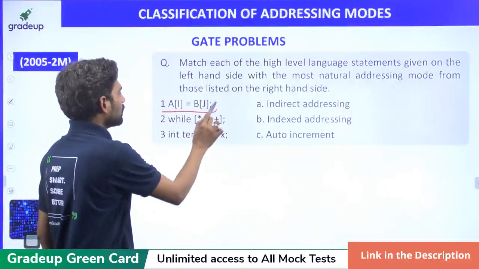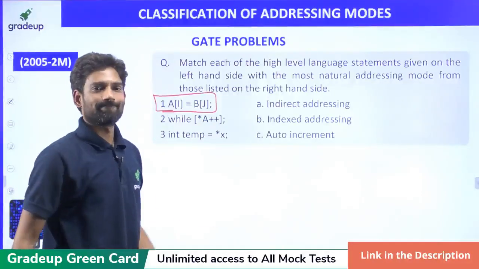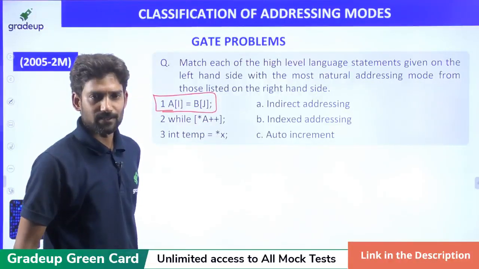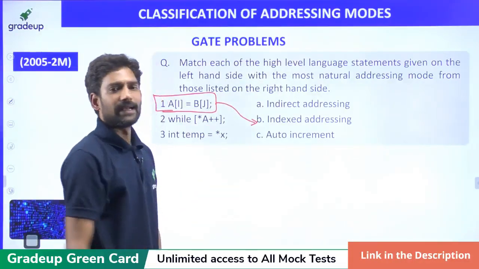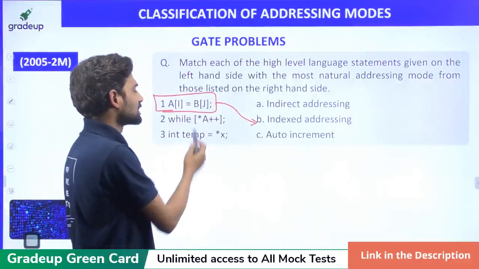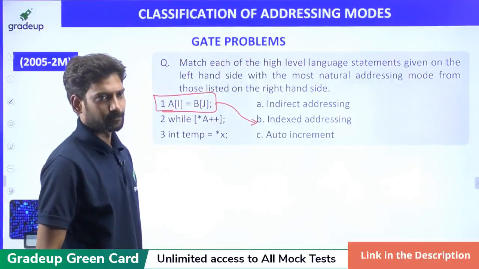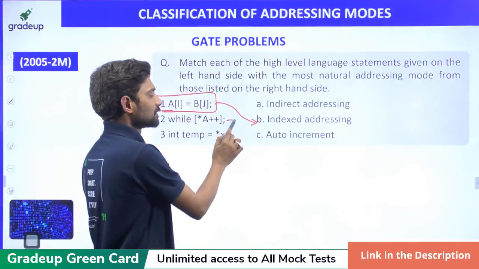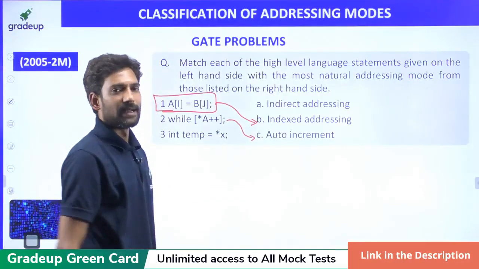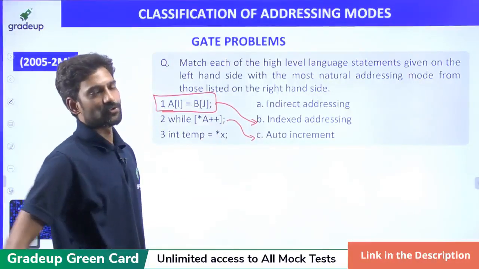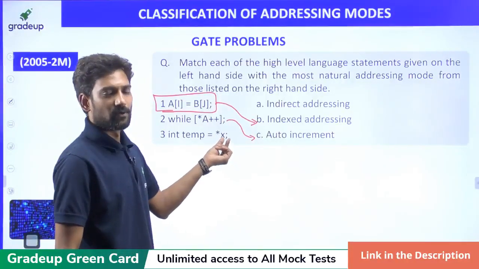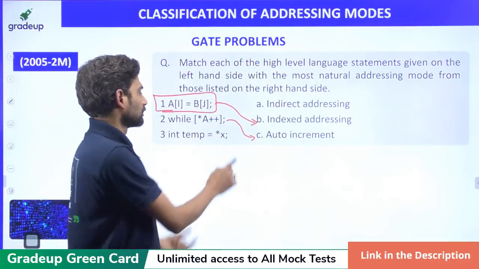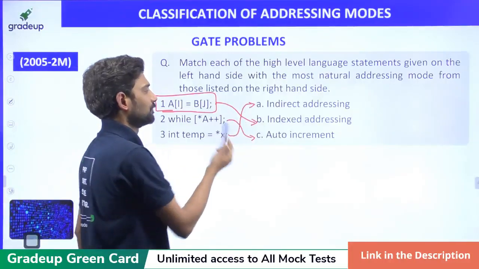A of I is equal to B of J. It's what? Array access. It is related to indexed addressing. While *A++ is auto increment. Temp equal to *X, you are putting the value at the indirection operator.